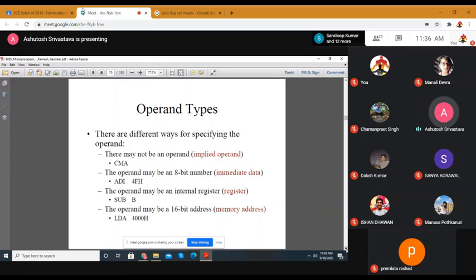The fourth type of operand would be placing the contents in a particular 16-bit memory address, like the statement LDA.